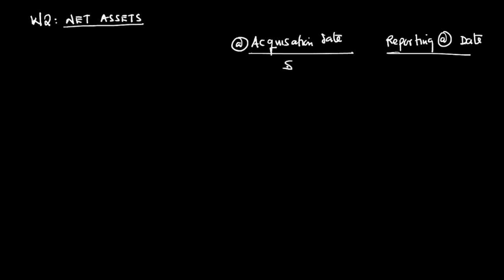Okay, so this is very important. Now, for the sake of understanding, these net assets are relating to the subsidiary, so you can just say net assets SIDIN. Okay, so these are net assets for the subsidiary.